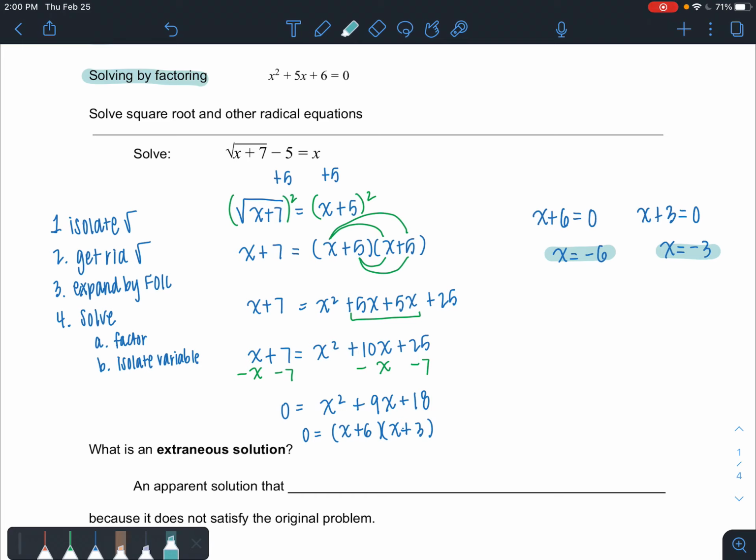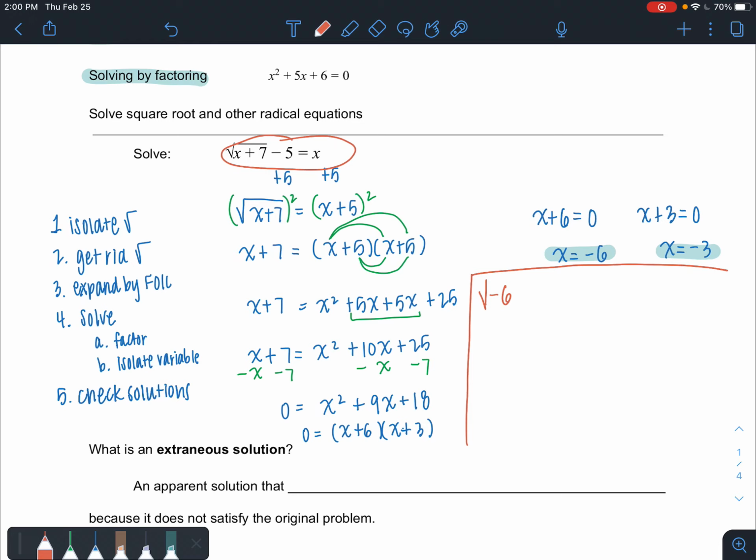Now, I do need to plug those solutions back in and see if they work. So step 5, check our solutions. I'm going to plug in negative 6 into the equation: square root of negative 6 plus 7, minus 5 should equal negative 6.